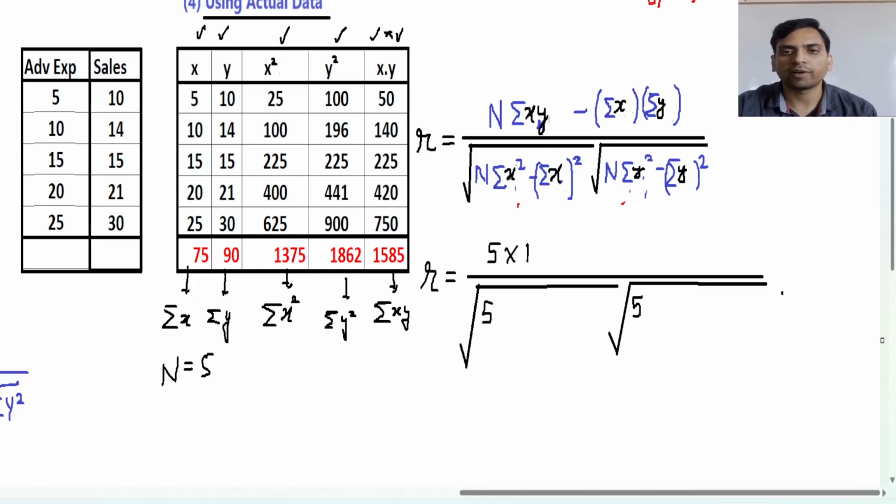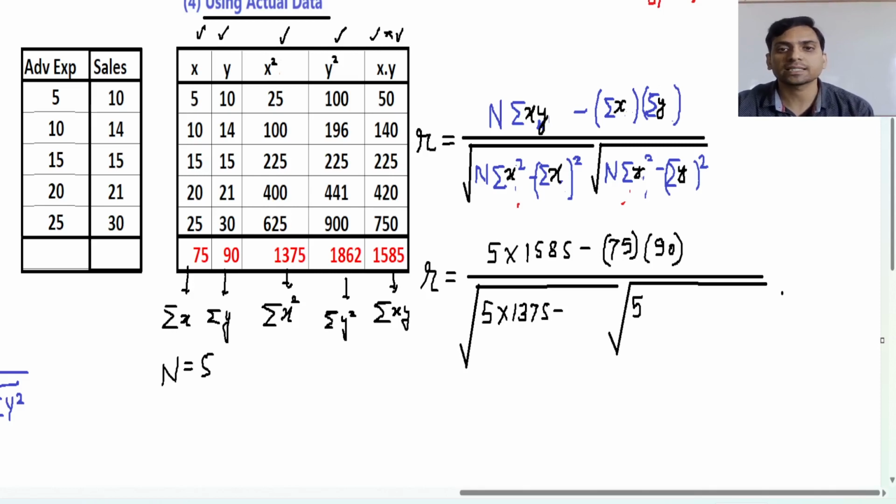So 1585 minus, this is summation x and summation y. Summation x is what? 75, and summation y is what? 90. And this denominator part is multiplied by summation x square, this is 1375, minus summation x whole square.